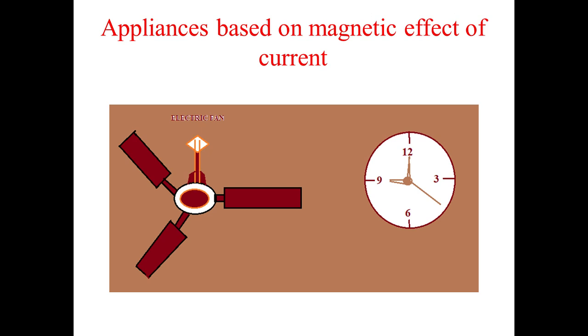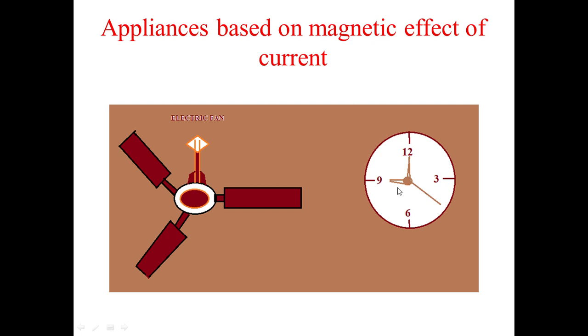Coming to the next, there are certain appliances also present at our home which work on the magnetic effect. These are the electric fan. You can see here there is a center circular part of the fan which contains an electromagnet, and as we switch on the button and electricity comes, the fan starts rotating. Similarly, in a wall clock we use batteries at the backside.